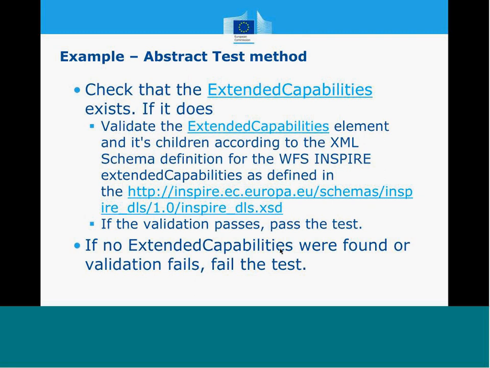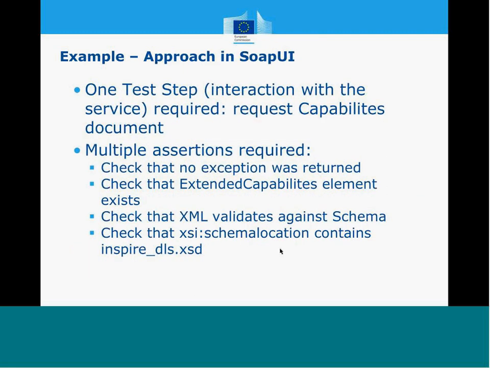If the validation passes and the extended capabilities element exists, the test passes; otherwise the test fails. This will be implemented in SOAP UI. First, we need an interaction with the web service. We need to request the capabilities document, and we have to run multiple assertions: one for checking that no exception was returned, that the extended capabilities element exists, and that the response validates against the schema.